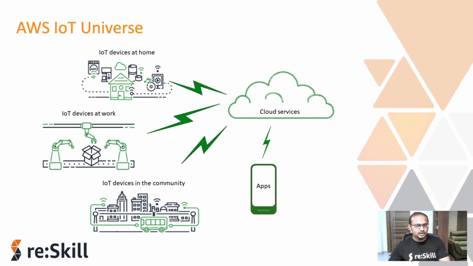How will they communicate with the cloud, and how can applications or APIs talk to these services on the cloud and then derive value out of it? So basically, the slide talks about IoT addressing the IoT domain on the whole, not only for one industry or anything like that.